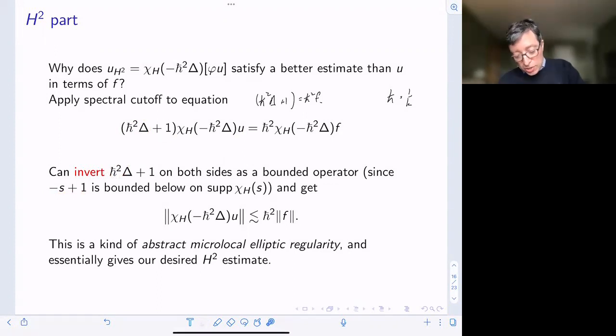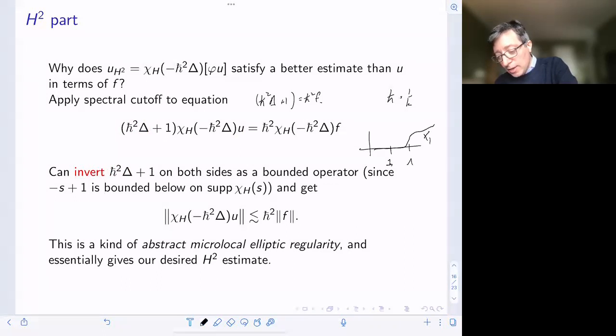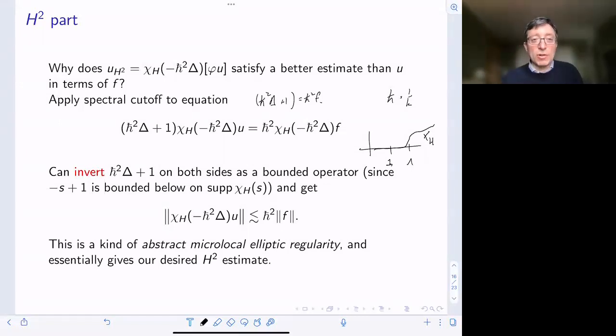The support of chi_h was chosen to be out beyond 1, right? Here's 1. Here's this lambda where chi_h turns on, roughly. That's out here. Here's chi_h. And so 1 minus s is never 0, so I can divide by it. And so correspondingly, I can apply the inverse of this operator to both sides, and it behaves as a bounded operator. Just from pure spectral theory. Nothing serious. It's soft.